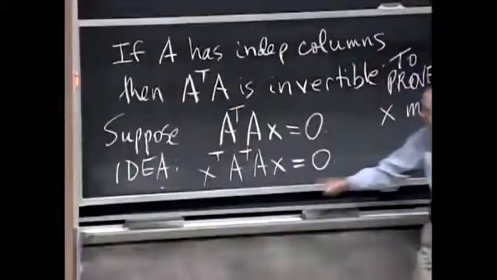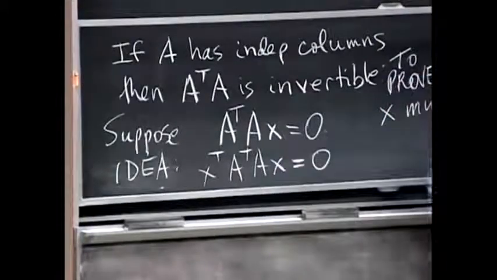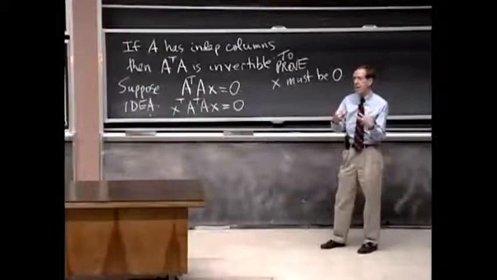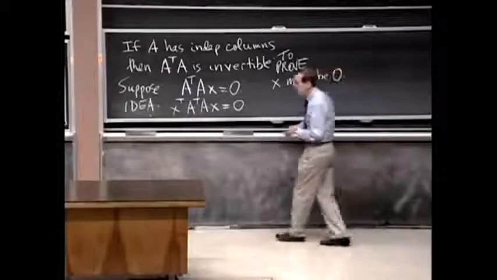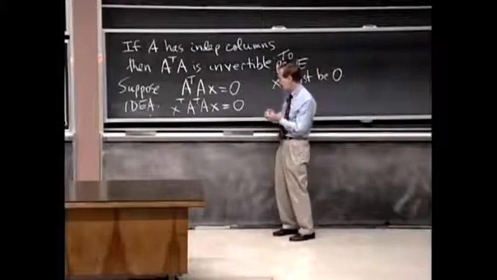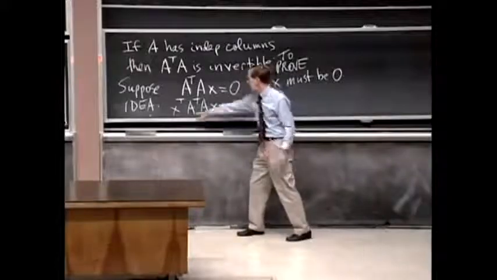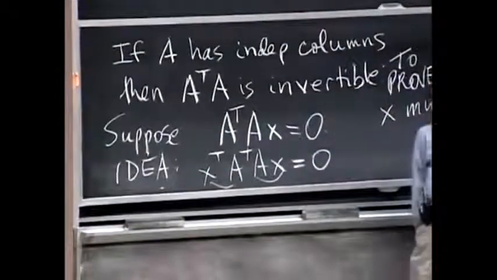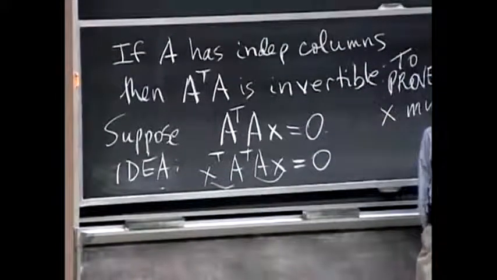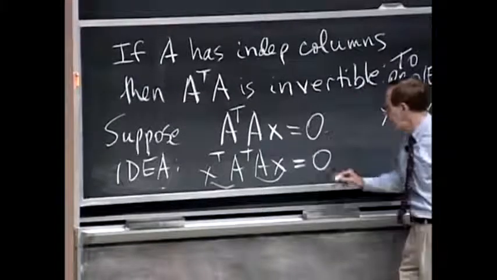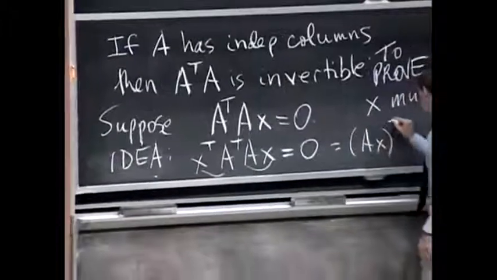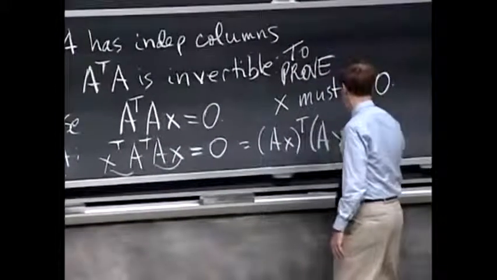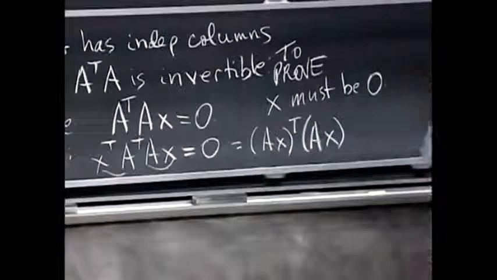What is X transpose A transpose A X? Putting in parentheses, I'm looking at A X, and what am I seeing here? Its transpose. So this is A X transpose A X equaling 0.